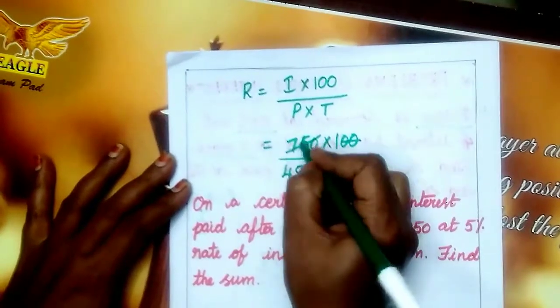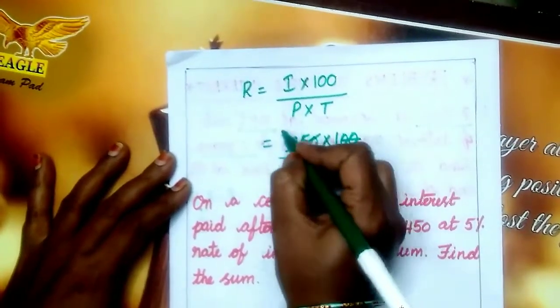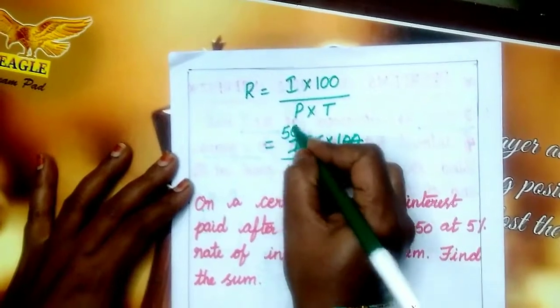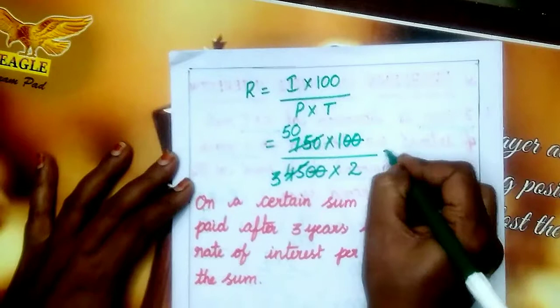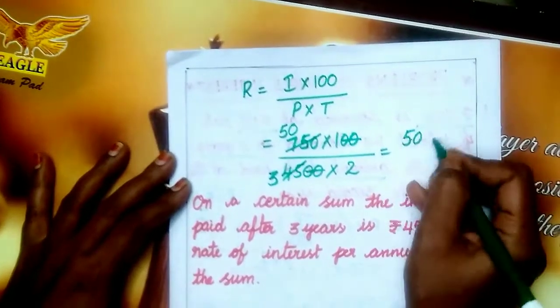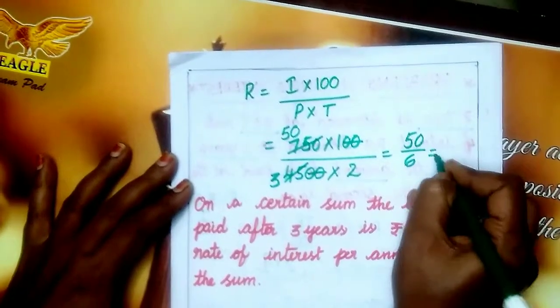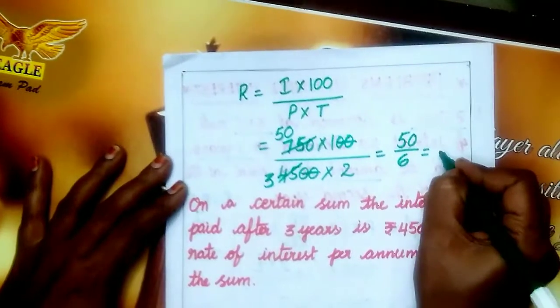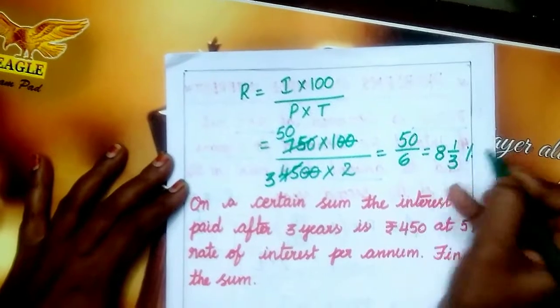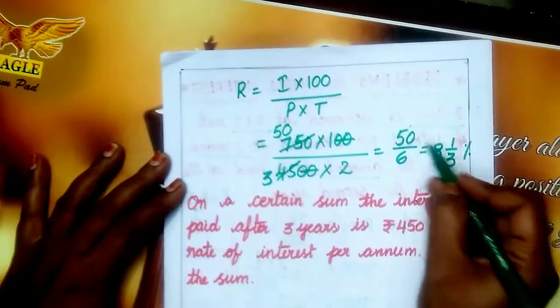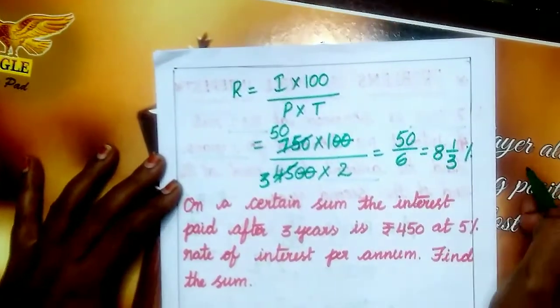Now 15 table, 75 inside 5 table, 5 times cancel. So 50 and 15 here cancels 3 times. So what we got here? 50 by 6. If you do cancellation here, you will get a mixed fraction like 8 1 by 3%. 6 8s are 48, so you'll get 2 by 6, which is nothing but 1 by 3. So 8 1 by 3.